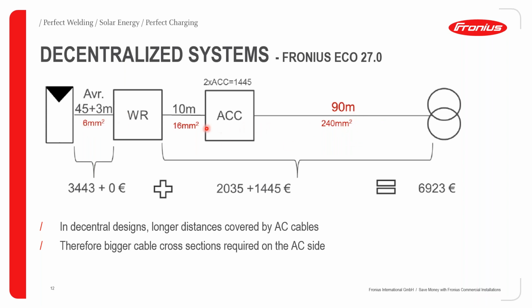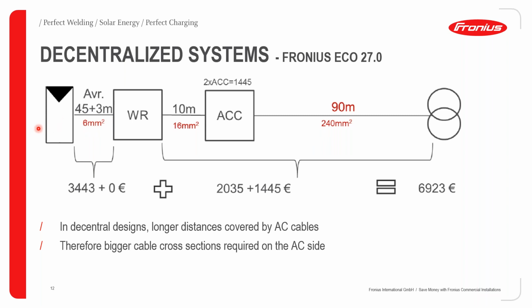So you can see a cumulative distance on the AC side of about 100 meters. Considering from the inverter to the AC combiner box, we have 10 meters. And then from the AC combiner box to the feed-in point, or the interaction point, we have about 90 meters. So that's about 100 meters on the AC cable and just about 48 meters on the DC cabling side.